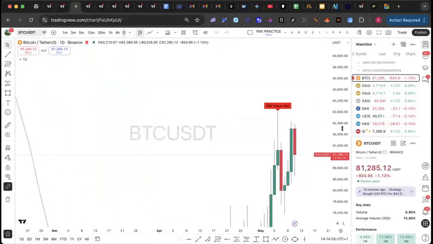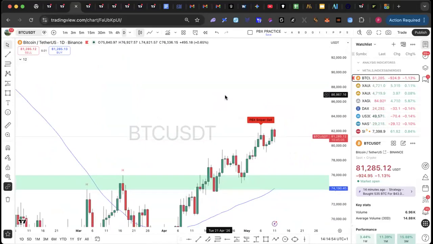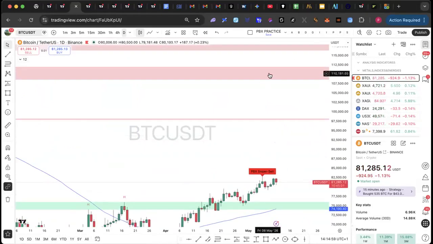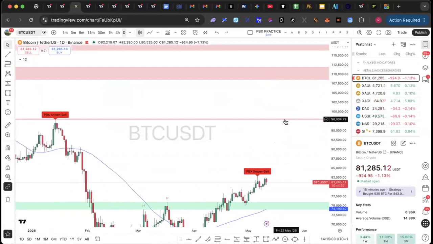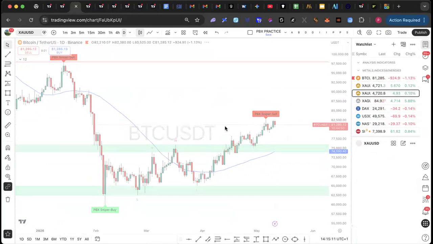Okay, so that's what it is, ladies and gentlemen, about the market. So Bitcoin, I've said, is going up to this point, except if it breaks that, so that was $108,000. That's going to make a lot of sense. And so you can see that your scanner printed this. You go to lower time frame, you're going to see the entry and all of that. So gold is still pushing up, it's still showing strength and power.